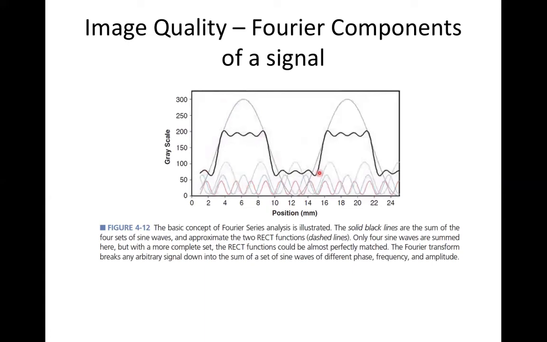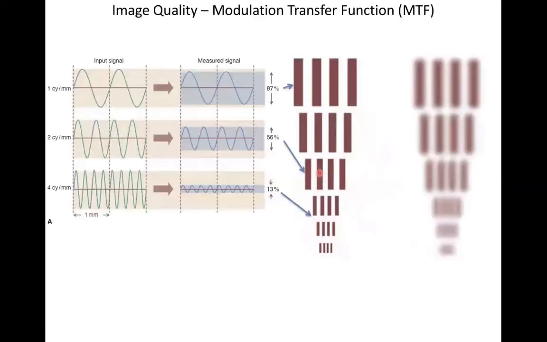And so this is just to remind you that you can construct any signal in 2D, 3D, in this case 1D, with Fourier components or sine waves. So why is that useful? Well, it's very useful when we think about this. And what's happening here is we have a signal that is 1 cycle per millimeter. It's a sine wave with 1 cycle per millimeter.